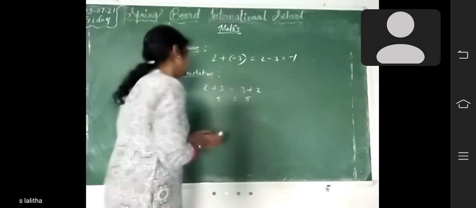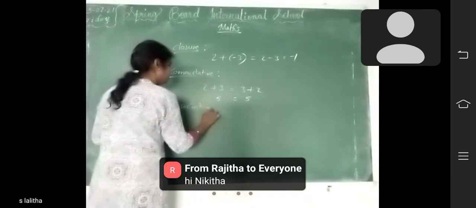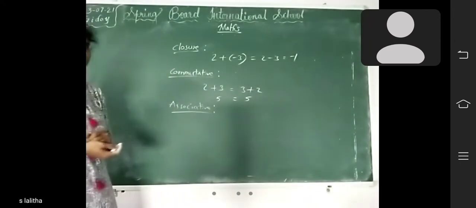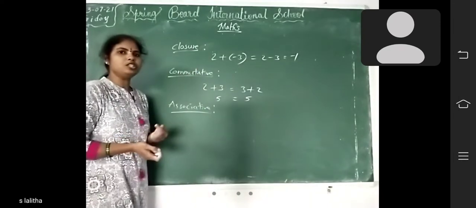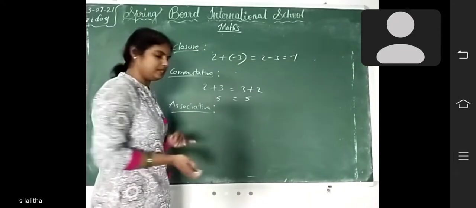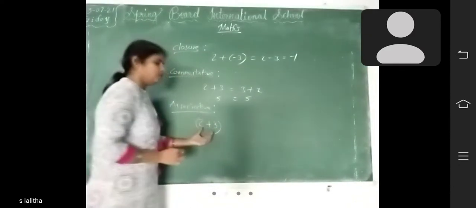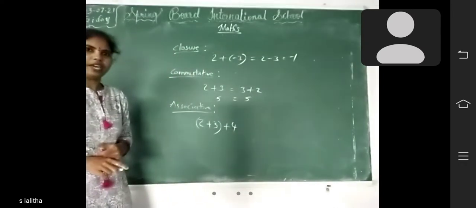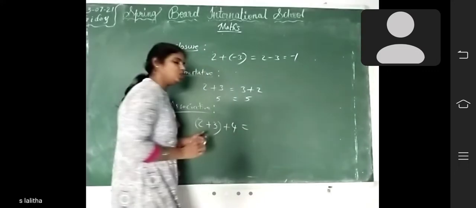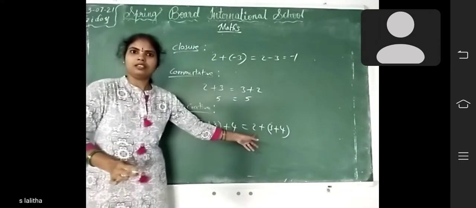Okay, next, associative. The next property is associative. Already we learned it in the 6th term. Associative property means if you take any three integers, first you add the first and second integer, then add the third integer. Or you add the second and third integer, then add the first integer.